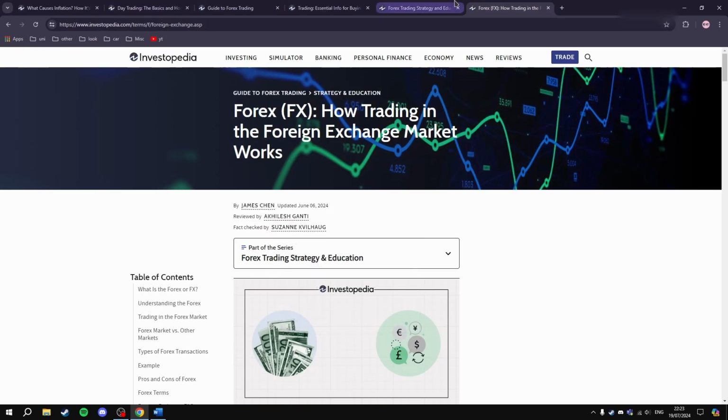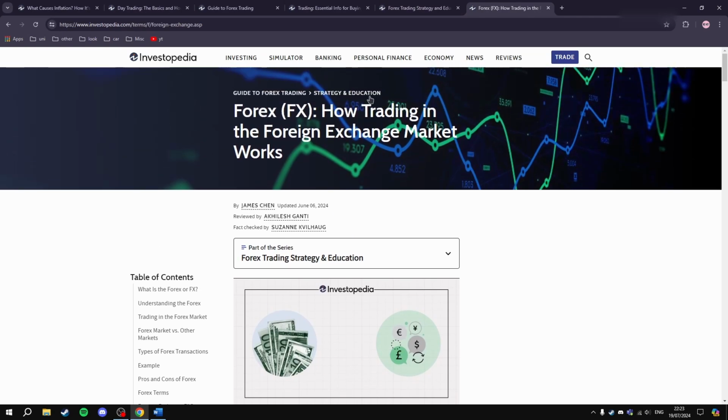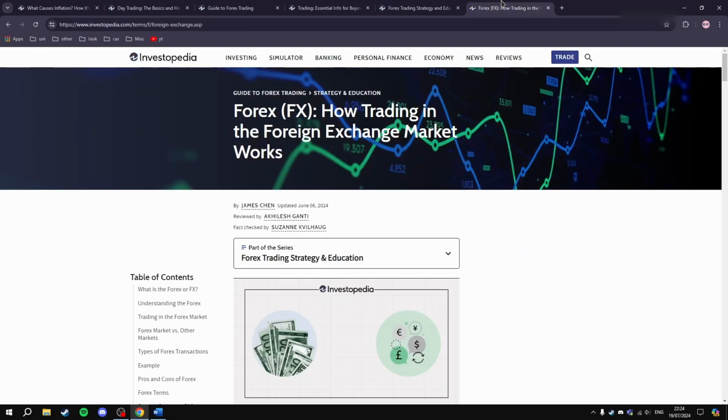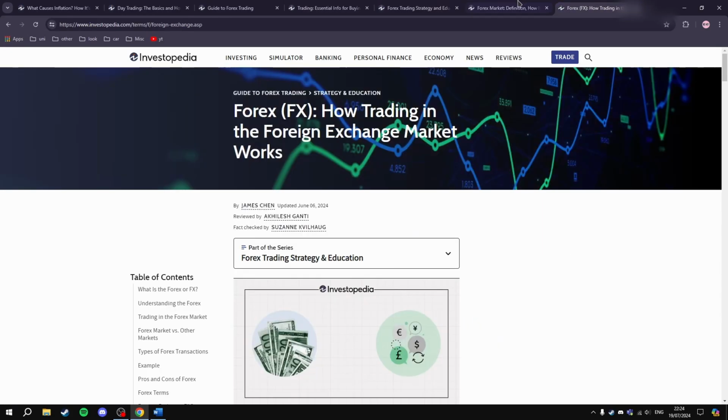So I think this tab is the strategy and education. How trading in the foreign exchange market works. Which is this article, I think. No, it is not.